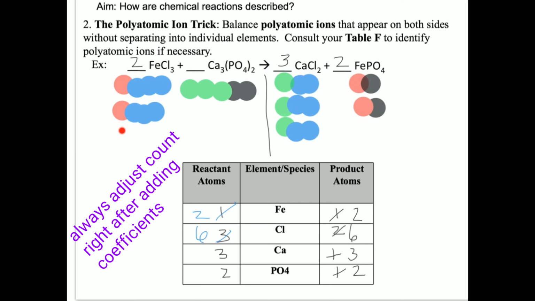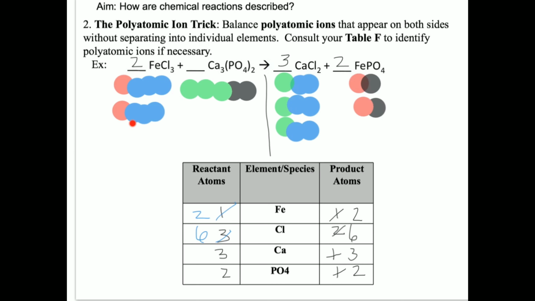Notice there are 2 red irons on both sides. There are 6 blue chlorines on both sides, 3 green calciums, and 2 black phosphates. When looking at our chart, you can see that each element has the same number of elements on the reactant side compared to the product side.